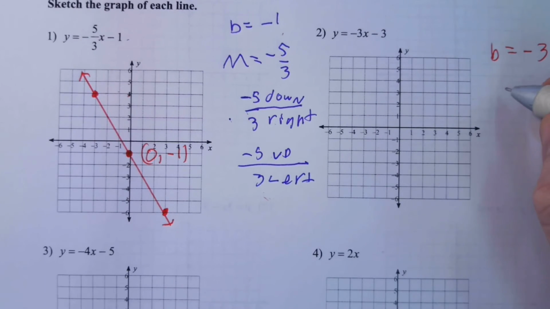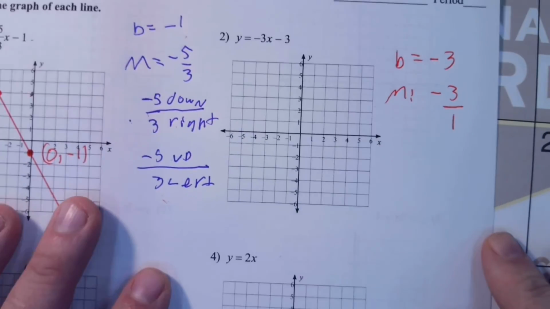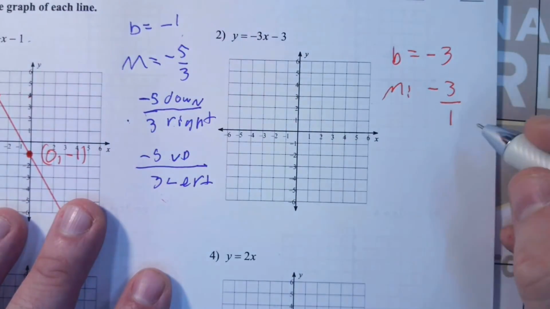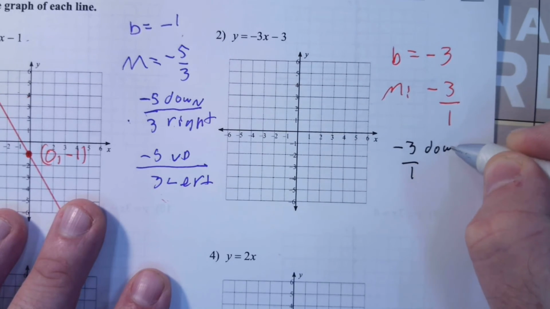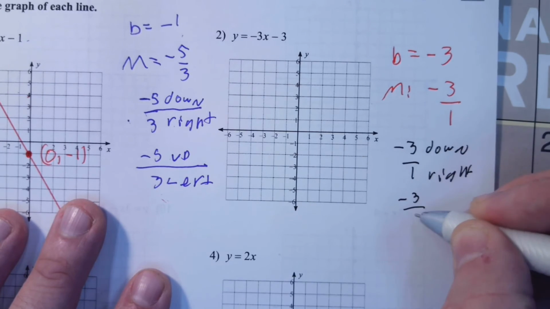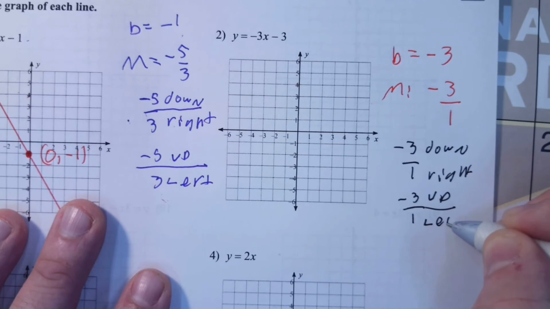And then the slope is -3 over 1. Go ahead and put that over 1. That way you know that I'm supposed to go down and right. I'm supposed to go up and left.